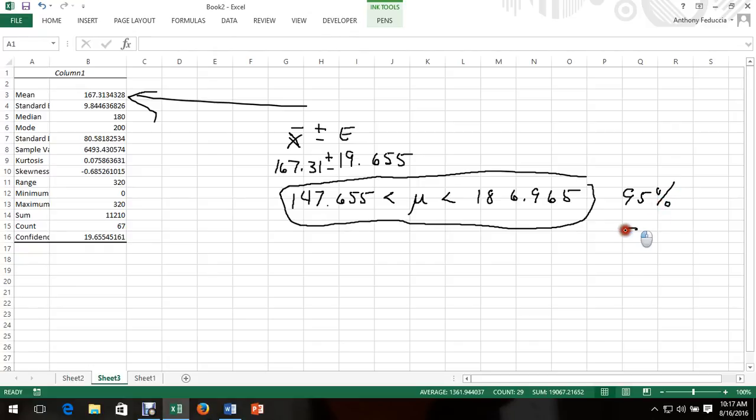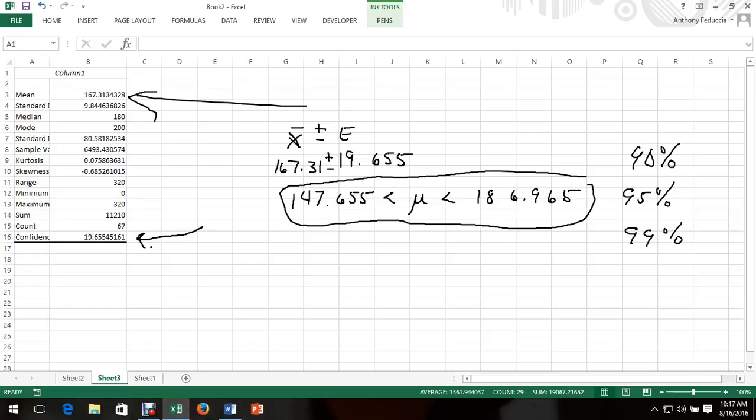Now, if you want 99% confidence or 90% confidence, those are the three that are generally used most often, then all you have to do is go back to data analysis, and where it says 95% confidence interval, insert 90, insert 99, and your margin of error, remember that's what this is, the margin of error will show up, and then you add and subtract that to the sample mean.